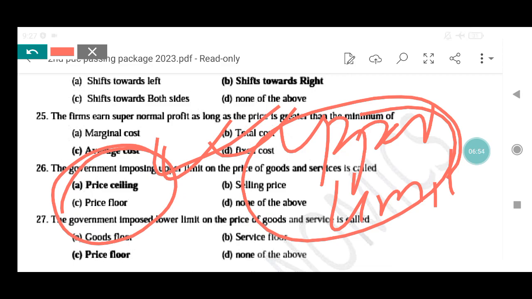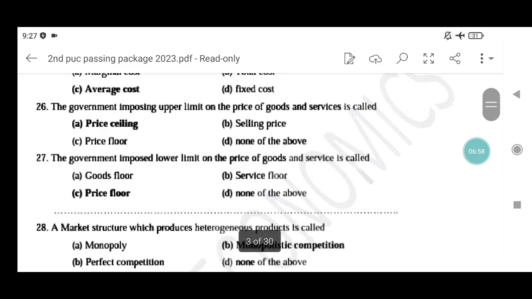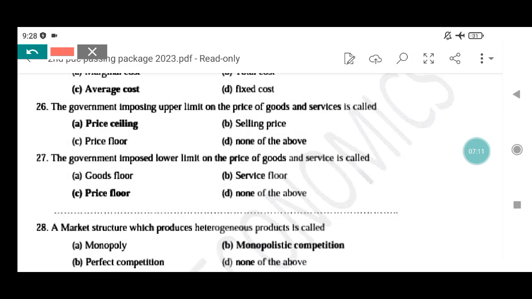Next one is, government imposing a lower limit is considered as price flooring.